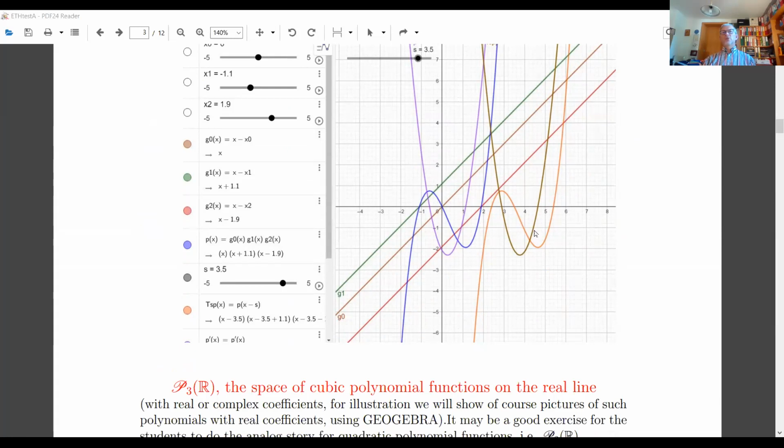And if you shift the original cubic curve, also the tangent, which has this behavior, will move accordingly, so by the same amount. The same is true if you shift everything by 5. Of course, you can shift other things. The shift by 5 commutes with any other shift. 5 plus 3 is 3 plus 5, and that's why everything works.